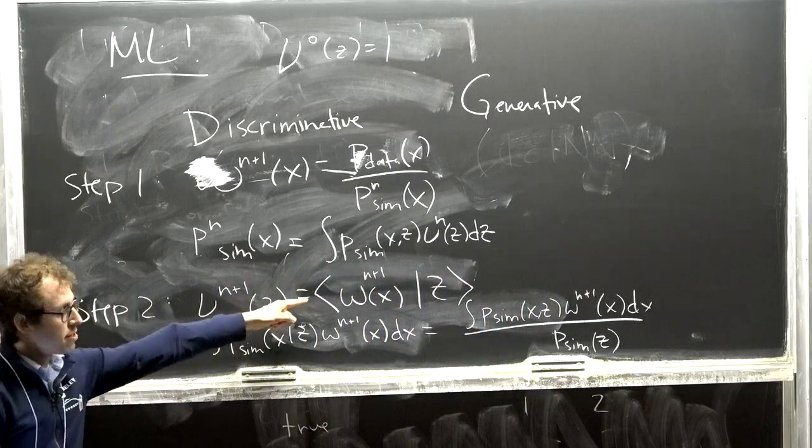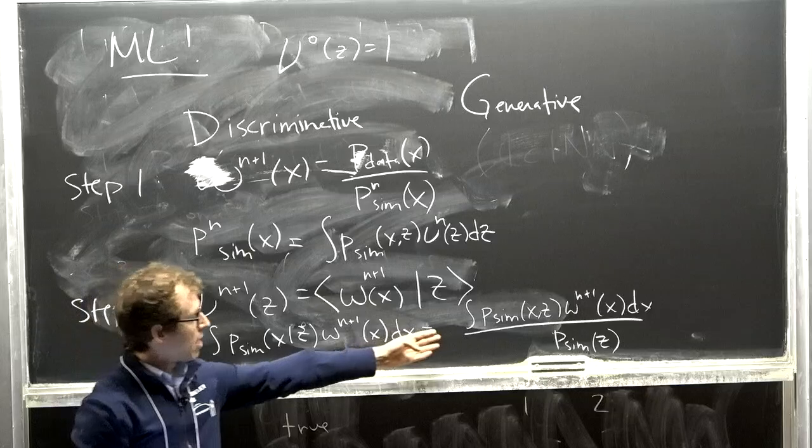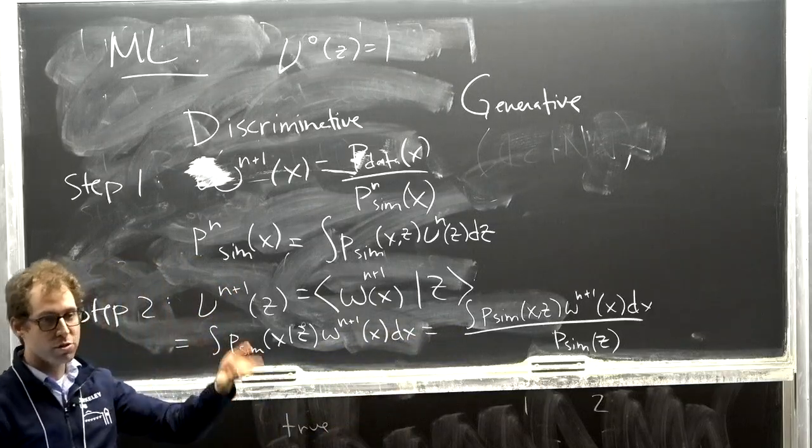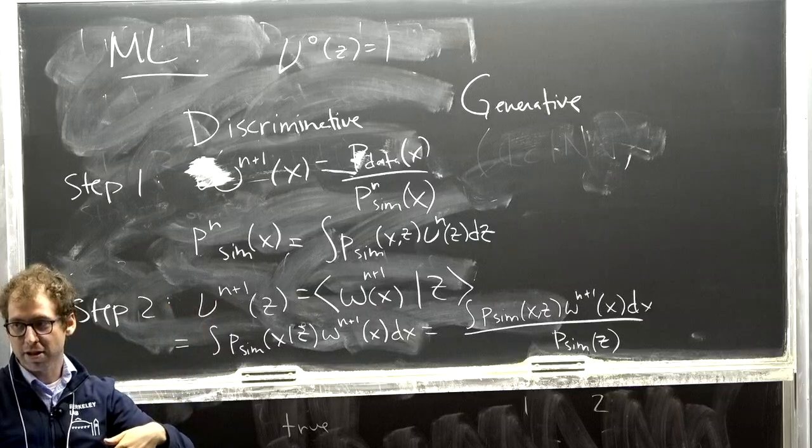If you just write out what this expectation value is, it is this, which is another likelihood ratio. It's basically the ratio of the induced truth divided by the original truth.